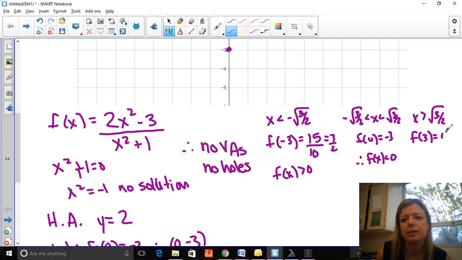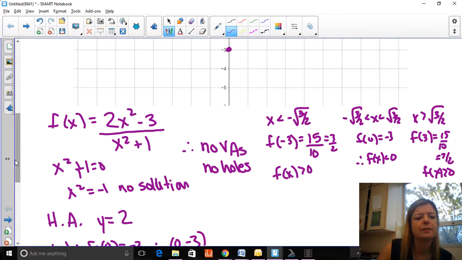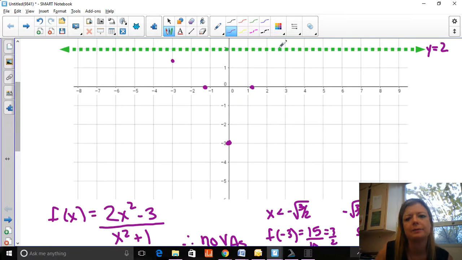I'm going to get the same thing as before, 15 over 10, so 3 over 2. So therefore, f of x is positive there as well. So after this 0, it's positive again. In fact, it looks quite symmetrical. So I'm going to guess that it's going down and then back up.